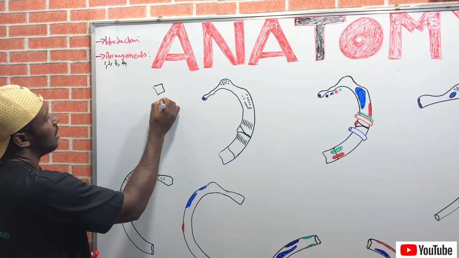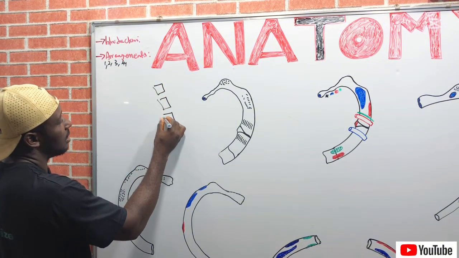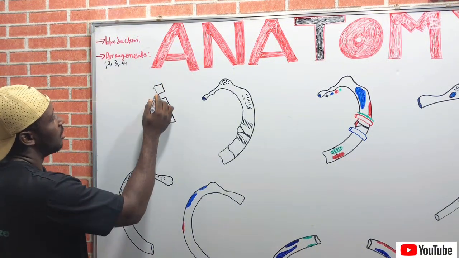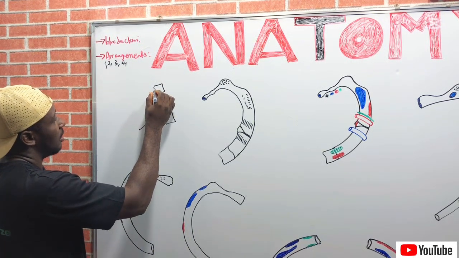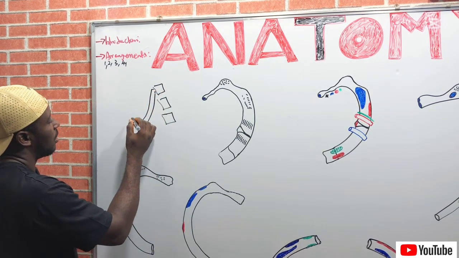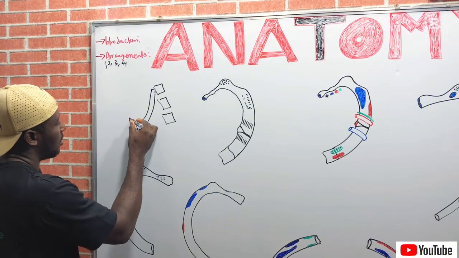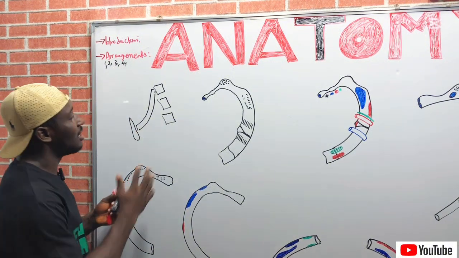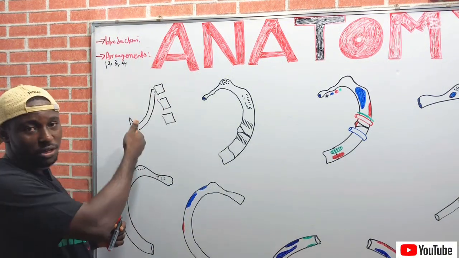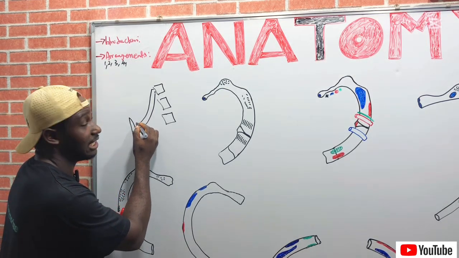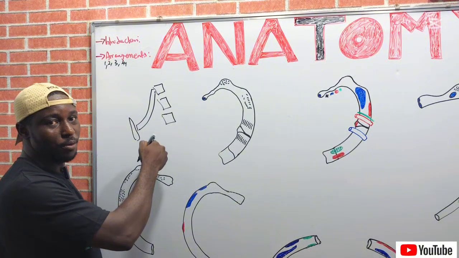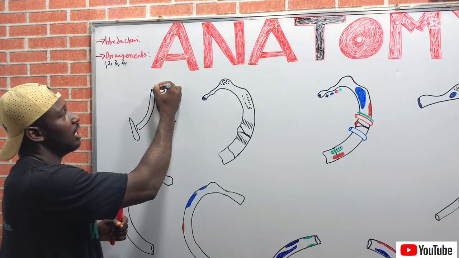These are the thoracic vertebrae. The ribs are arranged in this manner. This is the sternum bone, right? So this is how they are arranged, obliquely. That is to say that the anterior end of the ribs lies on a lower level than the posterior end.